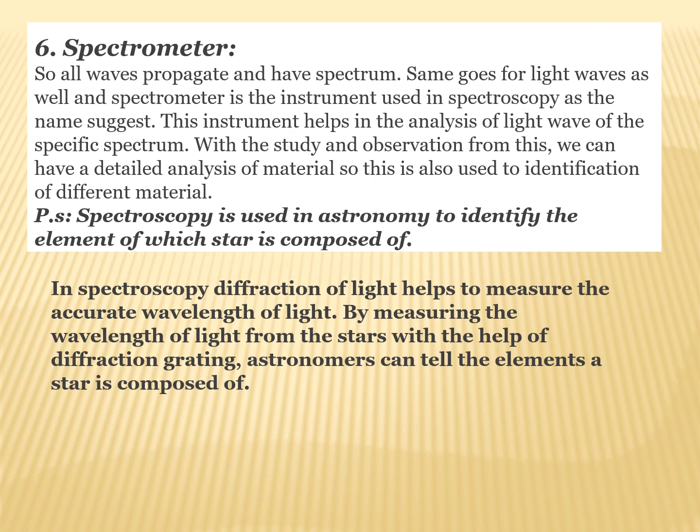Spectroscopy is used in astronomy to identify the elements of which a star is composed. By measuring the wavelength of the light from the stars with the help of a diffraction grating, astronomers can tell the elements a star is composed of.